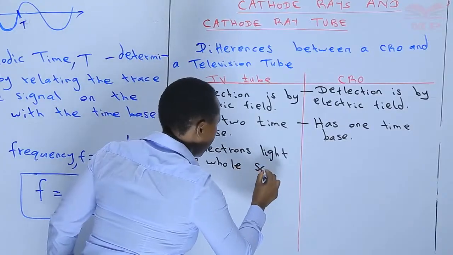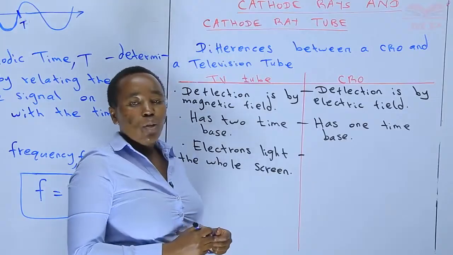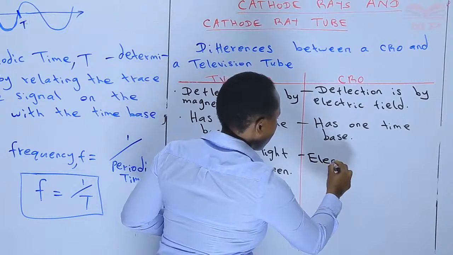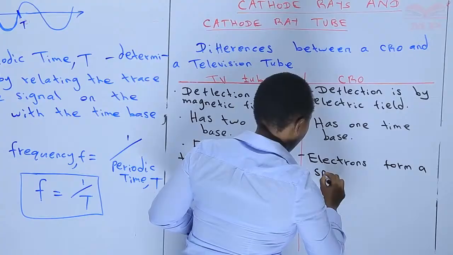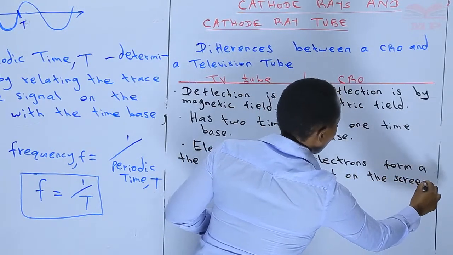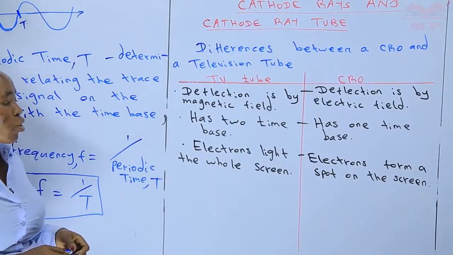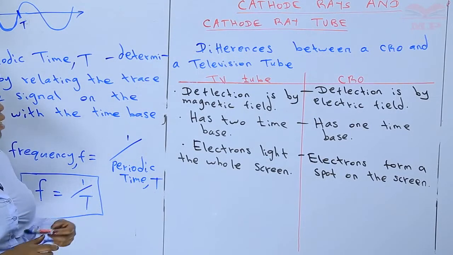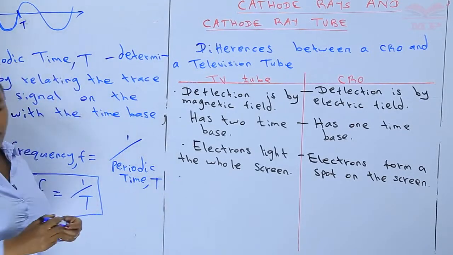Whereas in a CRO, as we said, the electrons will only form a spot on the screen. This we were able to explain. So the electrons which are being produced in a cathode ray oscilloscope will only form a spot on the screen, unlike in a TV tube, where the electrons will light the whole screen.